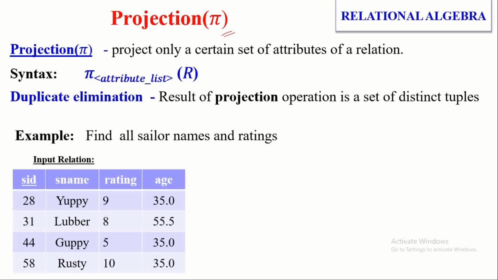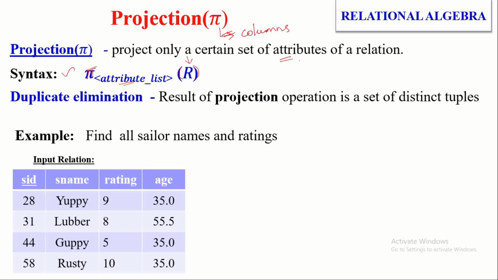The projection operator projects only a certain set of attributes of a relation. Attributes are also known as columns or fields, so the projection operator selects only certain columns of a relation. Coming to the syntax for the projection operation, the pi operator is used, followed by its subscript, the set of attributes which need to be present in the output, and the input table must also be specified within parentheses.